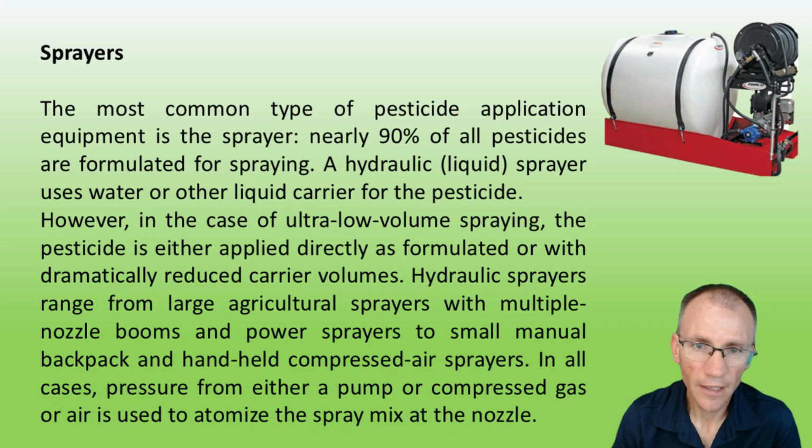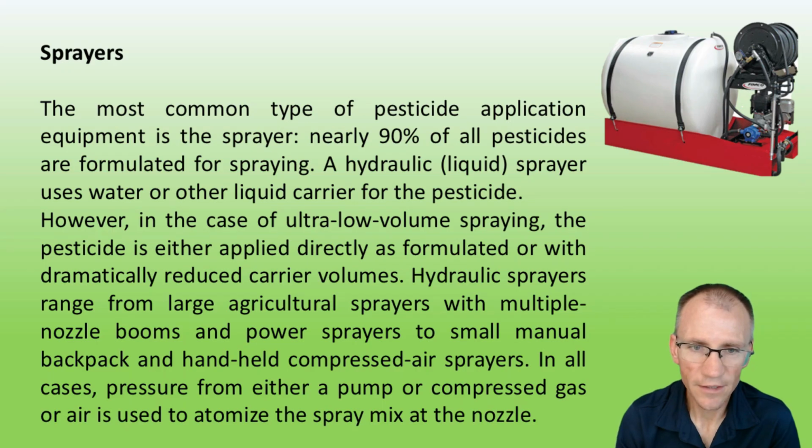A hydraulic, liquid sprayer uses water or other liquid carrier for the pesticide. However, in the case of ultra-low volume spraying, the pesticide is either applied directly as formulated or with dramatically reduced carrier volumes. Hydraulic sprayers range from large agricultural sprayers with multiple nozzle booms and power sprayers to small manual backpack and handheld compressed air sprayers.